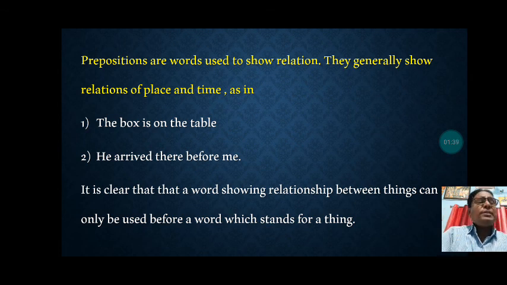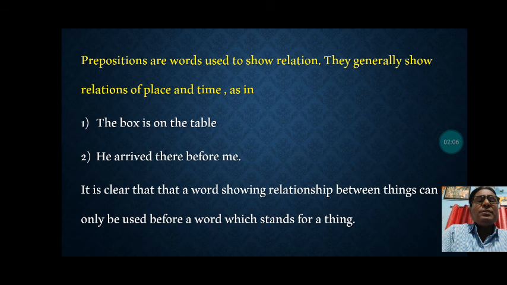As you can see in the example, the box is on the table. In this sentence, on is a preposition which is showing the relationship of box and table. If you remove on from this sentence, you will have a very absurd meaning: the box is the table.